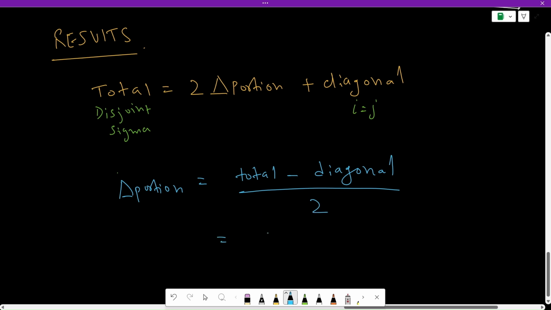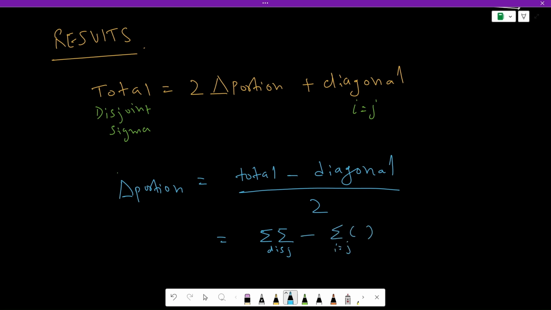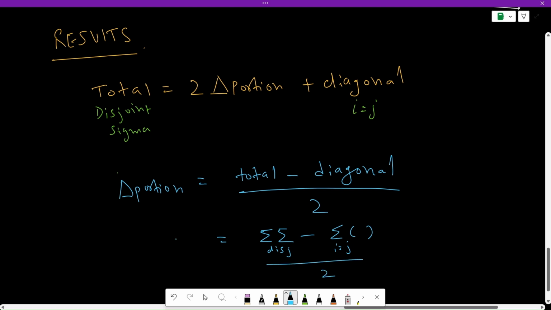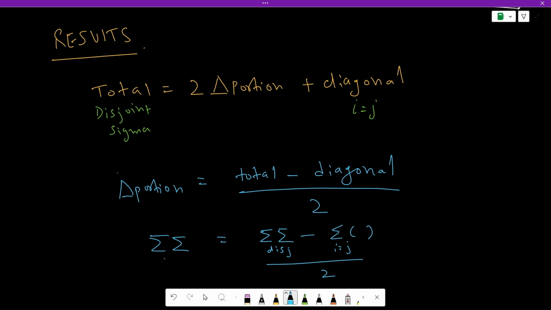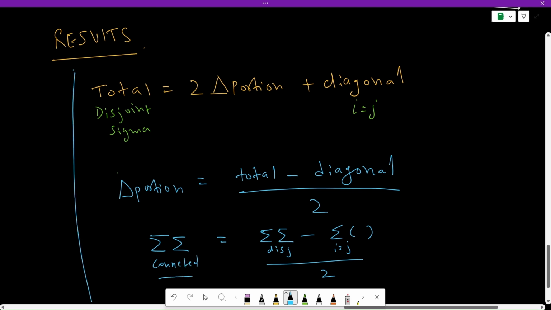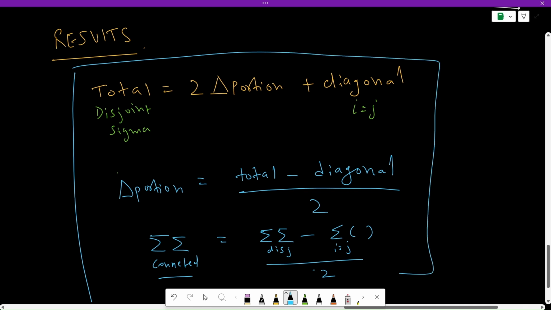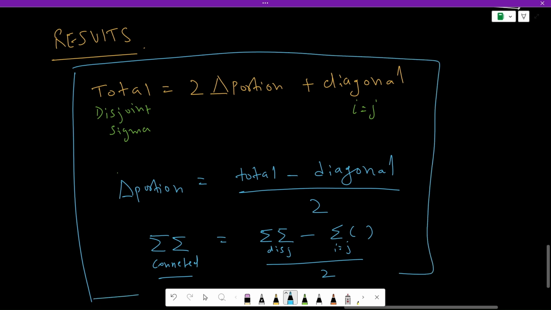The total is the double summation, minus the summation where i equals j, divided by 2. So this is the final result that you need to keep in mind to solve all the questions.